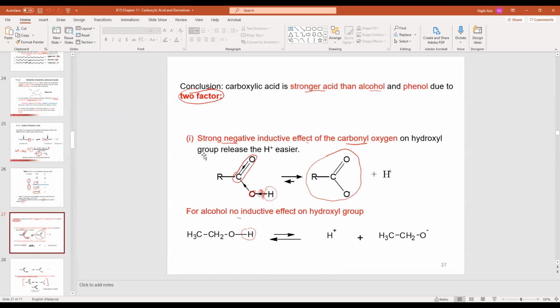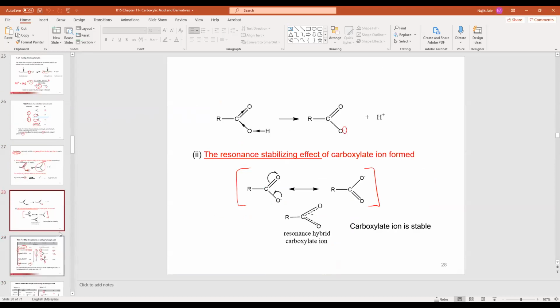Okay, strong negative inductive effect of the carbonyl oxygen on hydroxyl group, and then the other factor is the resonance stabilizing effect of carboxylate ion form. Okay, so dia membuatkan yang carboxylate ion ni lebih stable. Okay, carboxylate ion is stable.